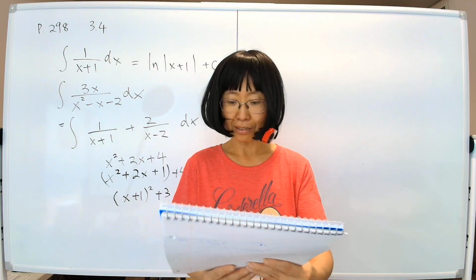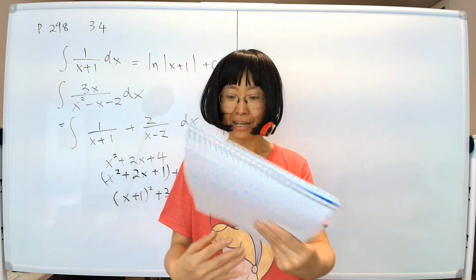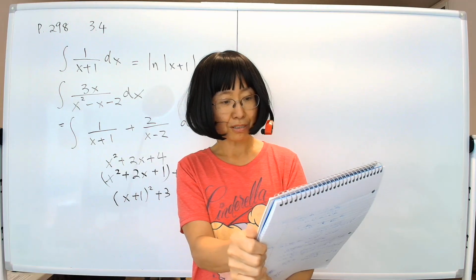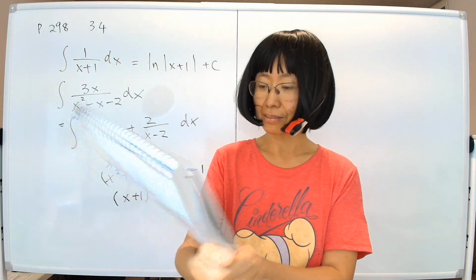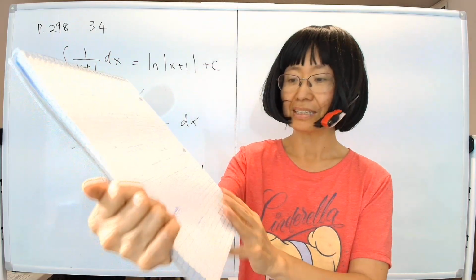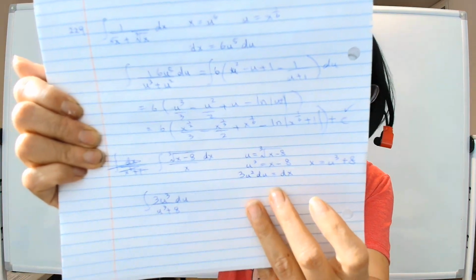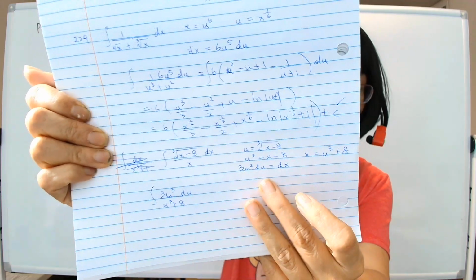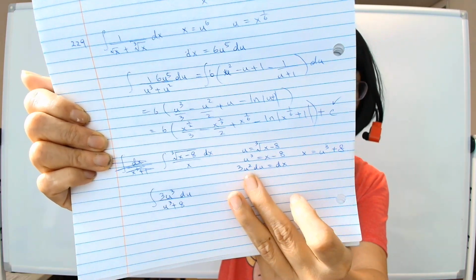And then you figure out the du and stuff. The point is, then you get something about du. Then you have u cubed equal to x minus 8, etc. Then you have dx equal to this bunch of things.